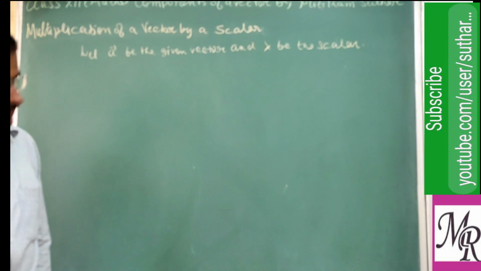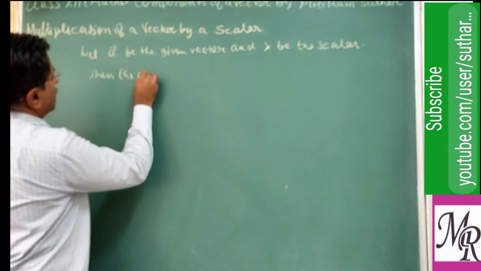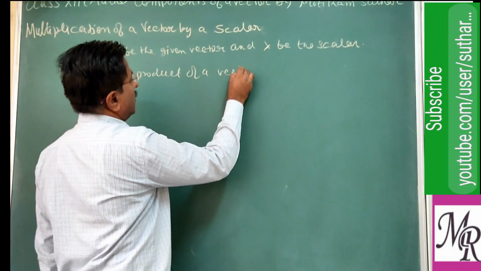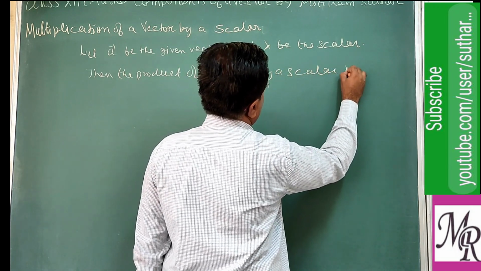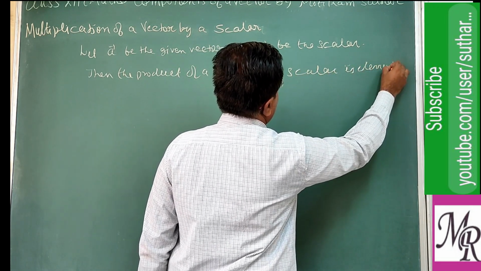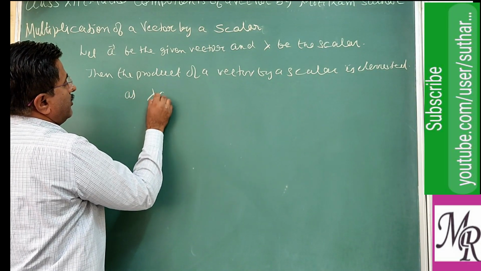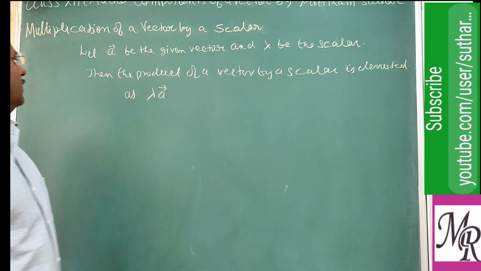The product of a vector by a scalar is denoted as lambda into vector A. So the product lambda into A is for the multiplication of a vector by a scalar. Clear?